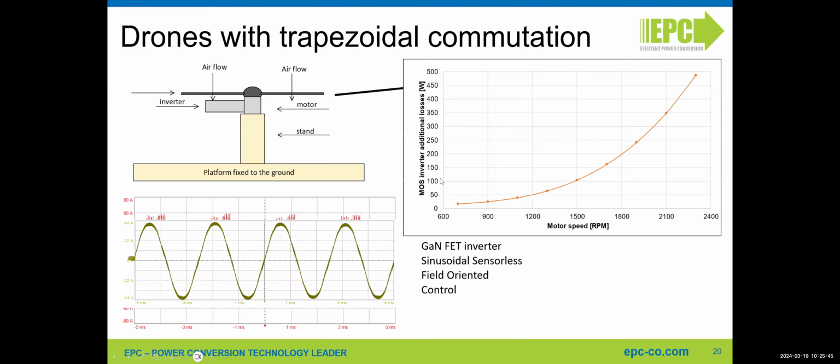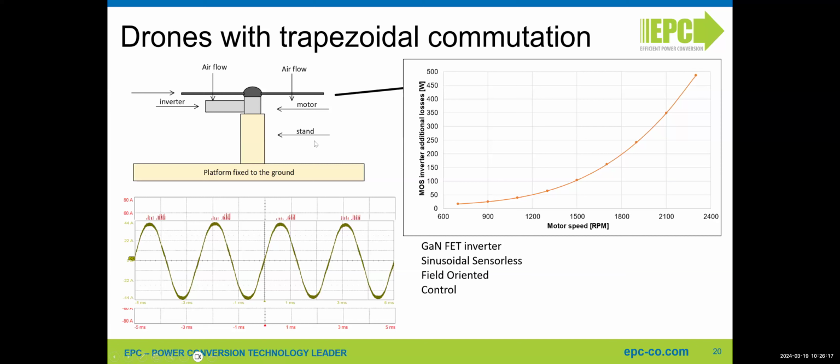Then by comparing the input power and taking the difference, so how much more the original inverter is consuming given the motor speed, we see that at 2300 RPM, the original inverter is consuming more than 450 watts more than the gallium nitride inverter with the same motor and same propeller.